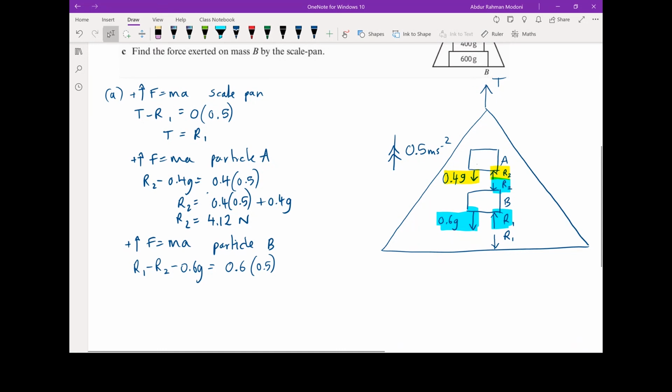Now we already know what R2 is, so we can substitute that in here to work out what R1 is. So R1 is equal to 0.6 lots of 0.5 plus 0.6 g plus R2, which we know to be 4.12.